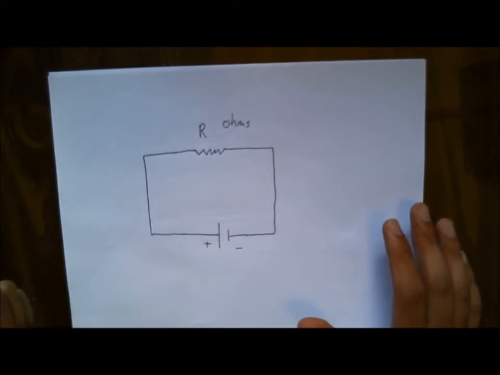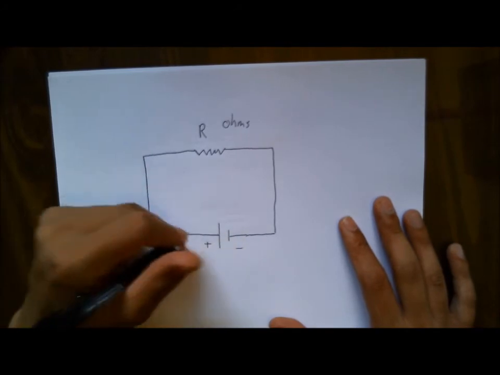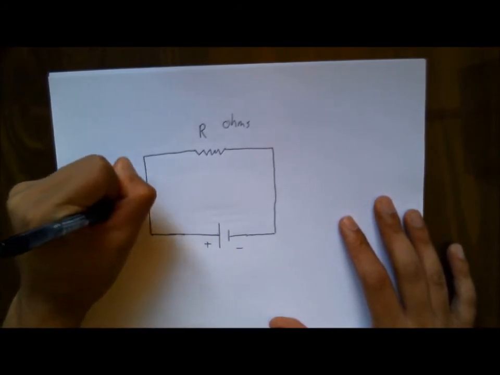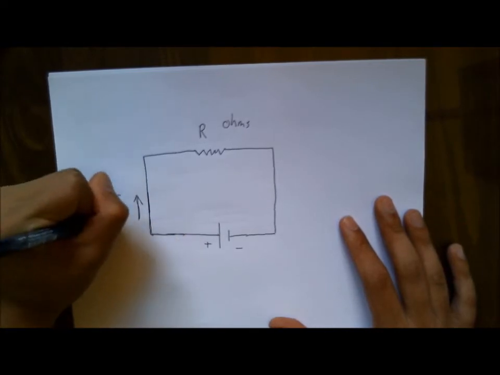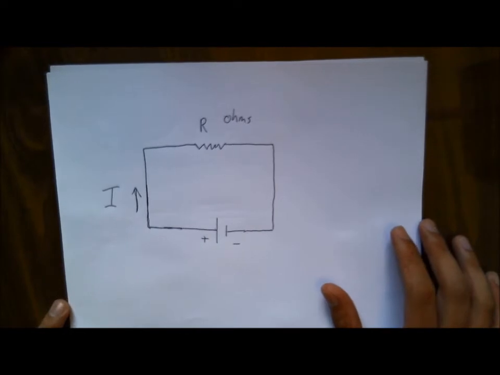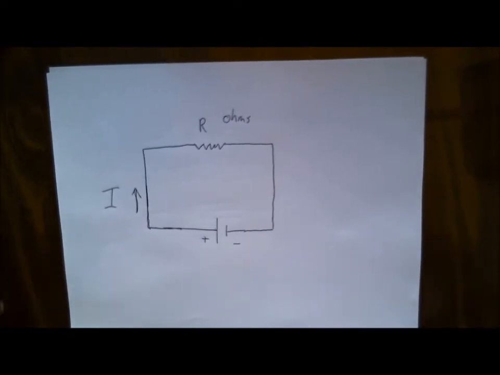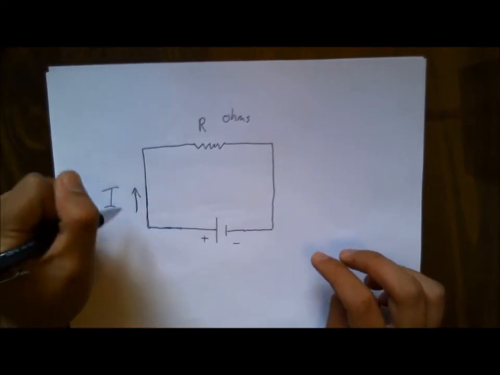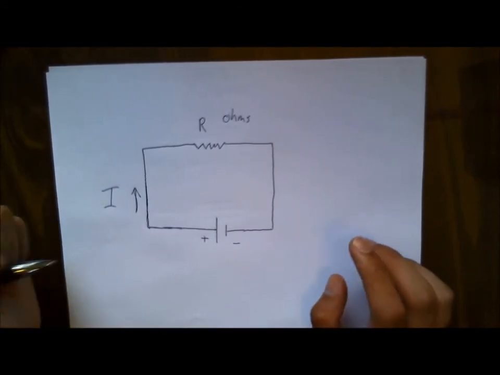Now when I close the circuit, we're going to have a current flowing through this circuit. Let's call that current I. Now you may ask me, hey Joe, what is this current stuff you're talking about? Well, you can think of current as just flowing charge, usually electrons in a circuit.